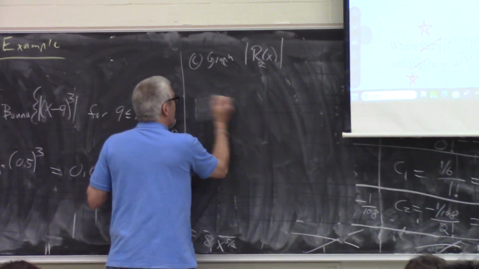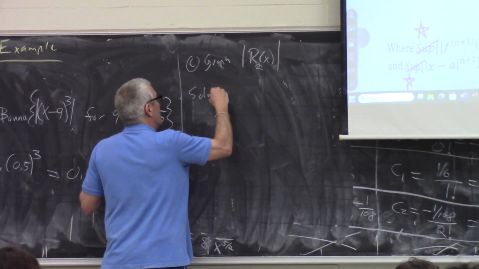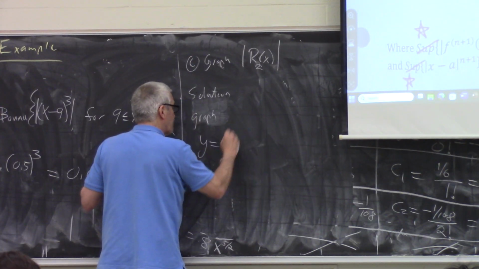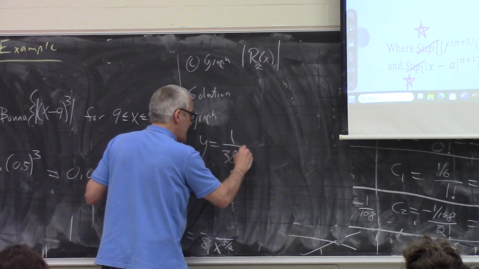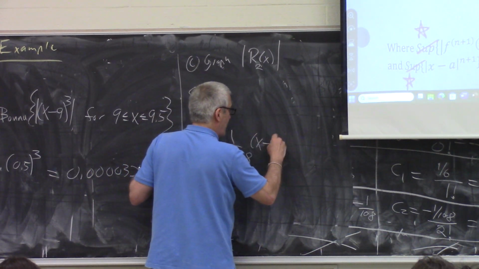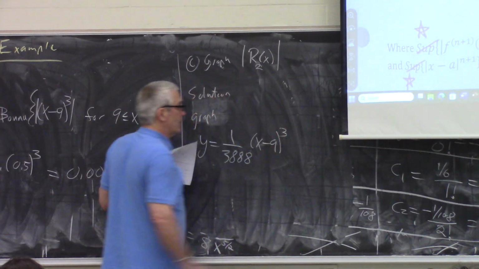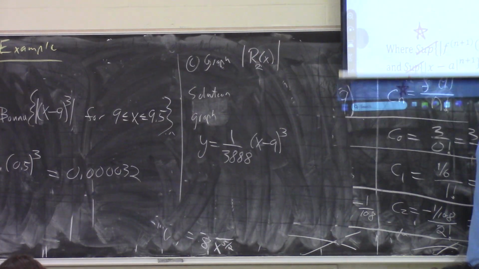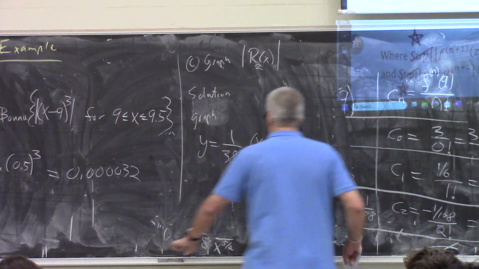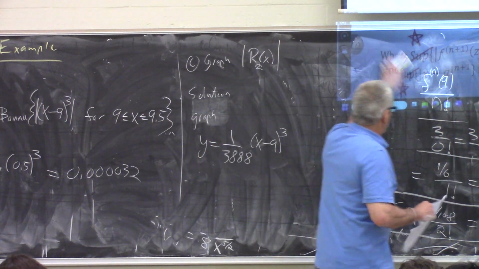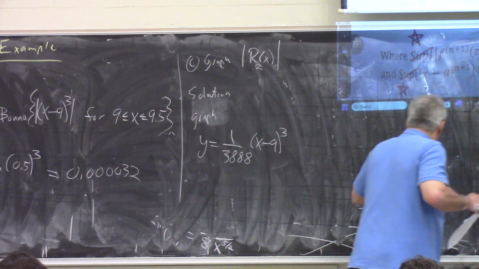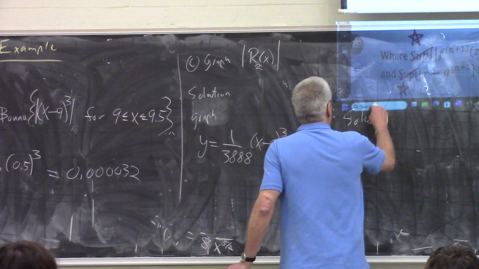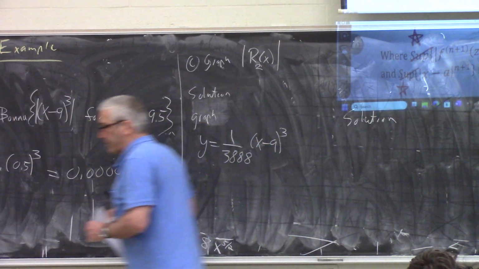We're going to graph y equals 1 over 3888 times x minus 9 cubed, in the vicinity of x equals 9 for x's in that interval. I'm running out of time, so it's just going to be a cubic graph.